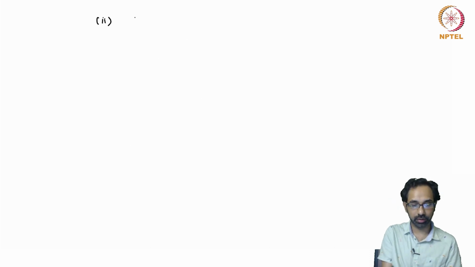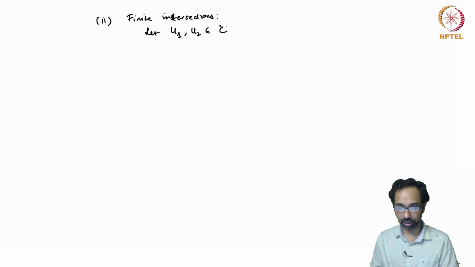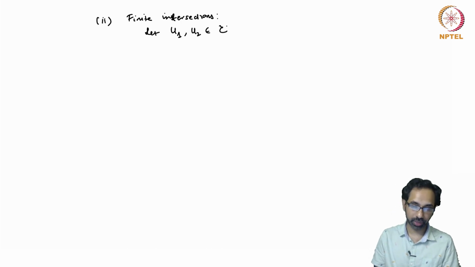Now let us check for finite intersections. So let's start with two sets. Let U1 and U2 be two sets in this collection tau already.